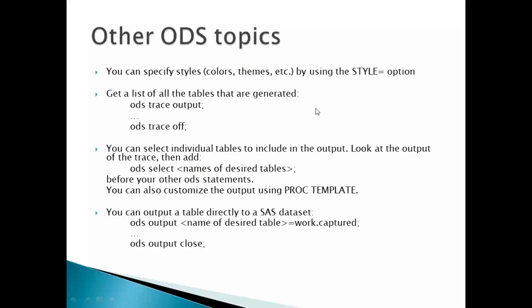There is one more point to recognize: we have another statement called ODS trace on, off, output. A few statements are there. What does it mean? You have observed in the previous sessions that we executed many procedures like proc means, proc univariate, proc t-test, and so on, right? Whenever they are generated, they create all the stats which are displayed in your output window.